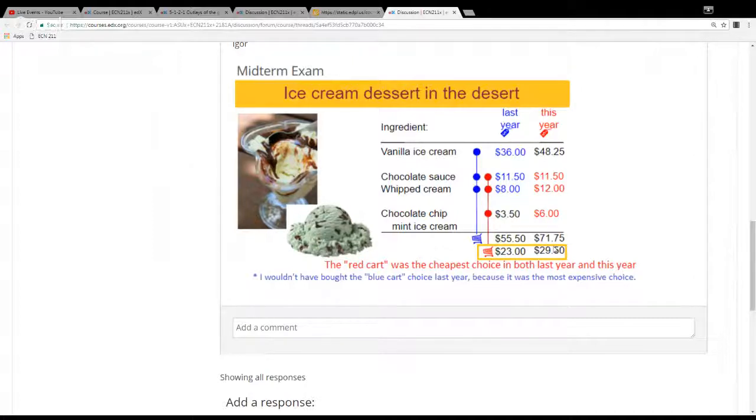It depends on the level of the price, the relative level. But it is my revealed preference now that at the current prices, I would like to buy the ingredients that are highlighted in red and not the ones that used to be highlighted in blue. At the current prices, I prefer these.